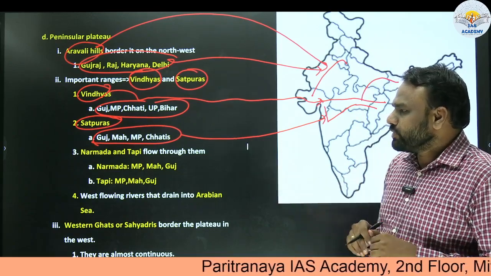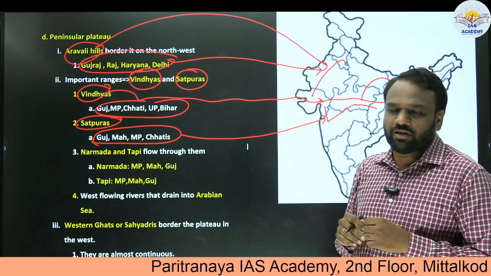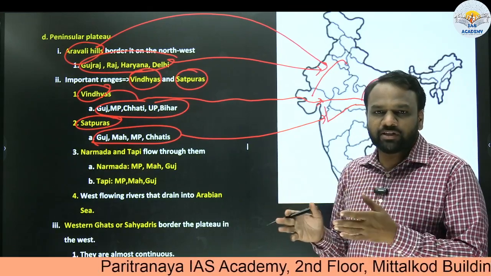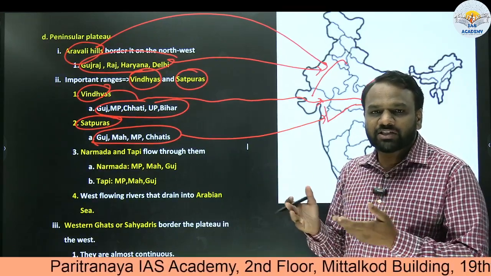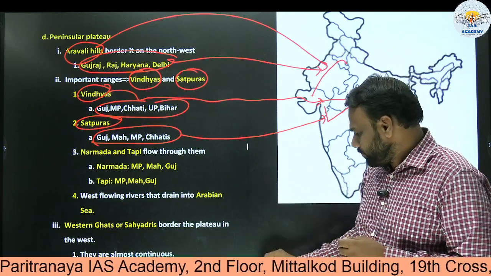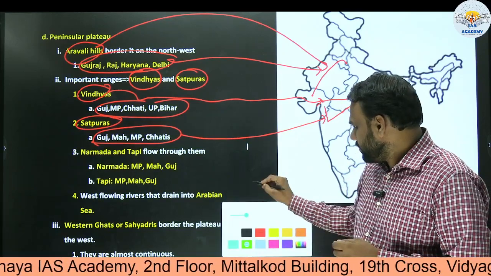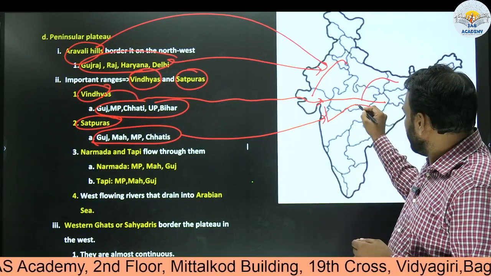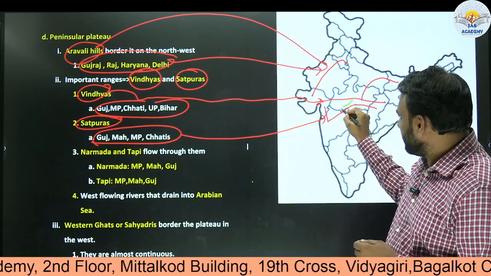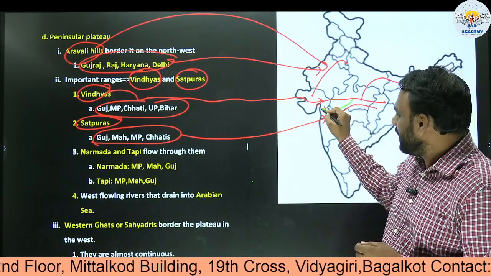Similarly, when it comes to Narmada and Tapi, these rivers are mentioned. Here we'll not focus on tributaries, but at least we shall focus on the states through which Narmada and Tapi pass. So Narmada: Madhya Pradesh, Maharashtra and Gujarat.